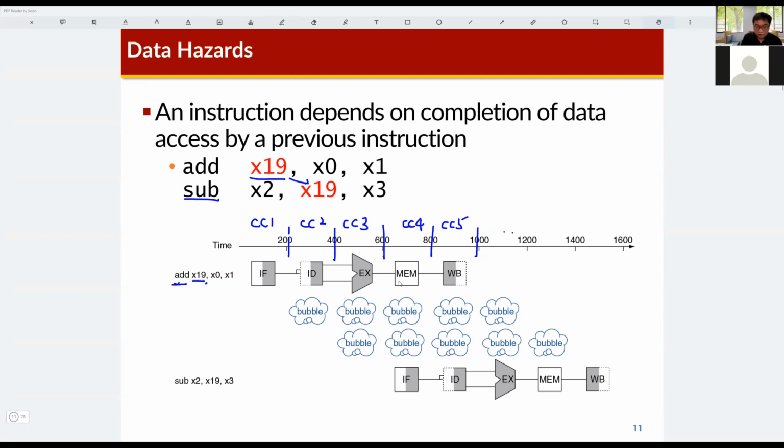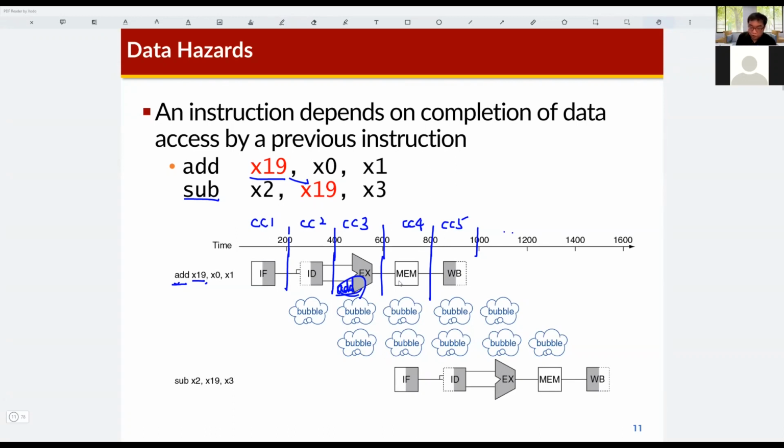So the add instruction is fetched from the instruction memory during CC1, clock count 1, and then it is decoded in the ID stage at clock cycle 2. And then it is executed: the add instruction is applied by the ALU at clock cycle 3. Memory is not accessed by the add instruction, but this is the pipelined architecture, so the add instruction needs to flow through the memory stage.